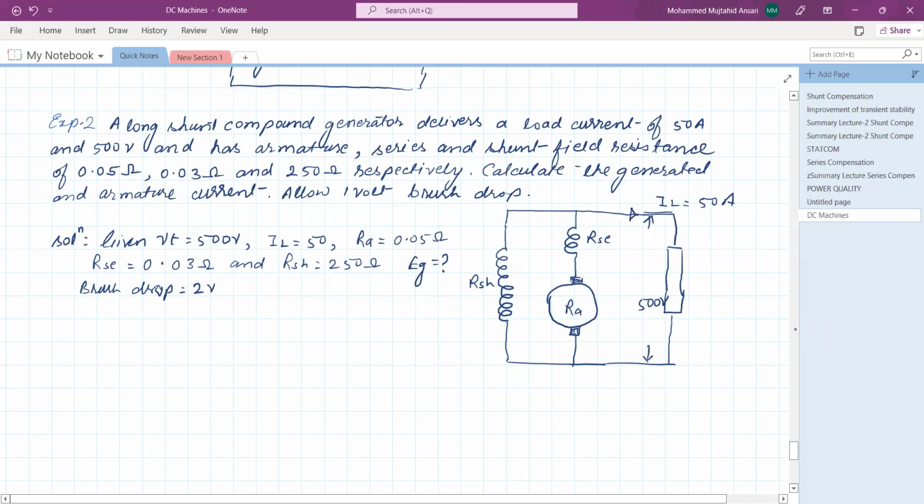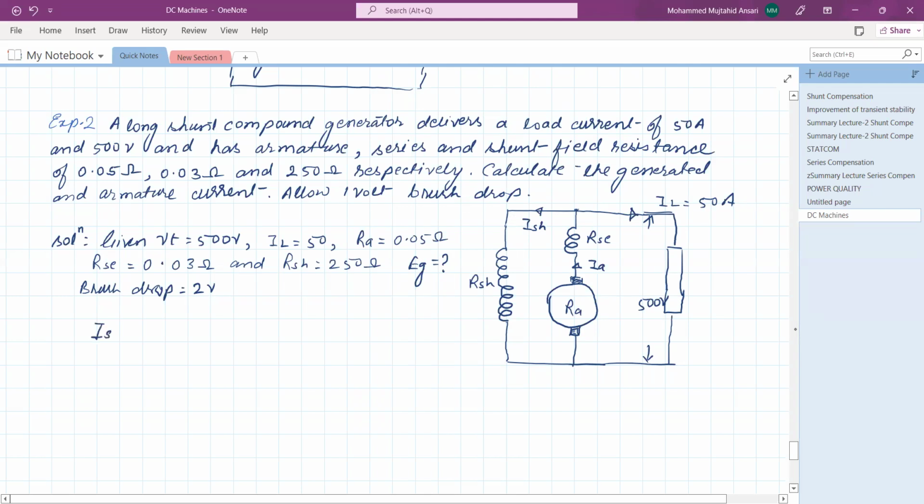Now again here, if we are able to calculate the shunt field current, it is easy to calculate the armature current. Once we know the armature current, we can apply the KVL. First we will apply the KCL at this point. This is the shunt field current, this is armature current and this is load current. So now ISH.